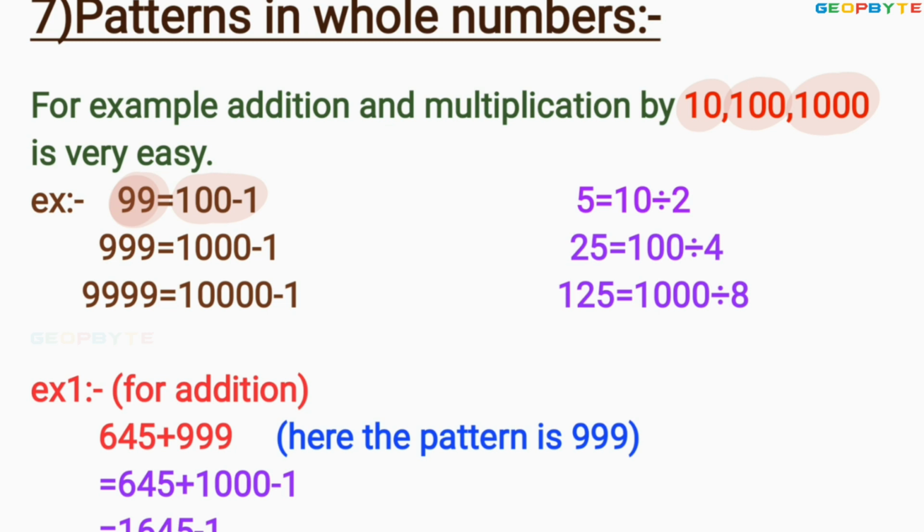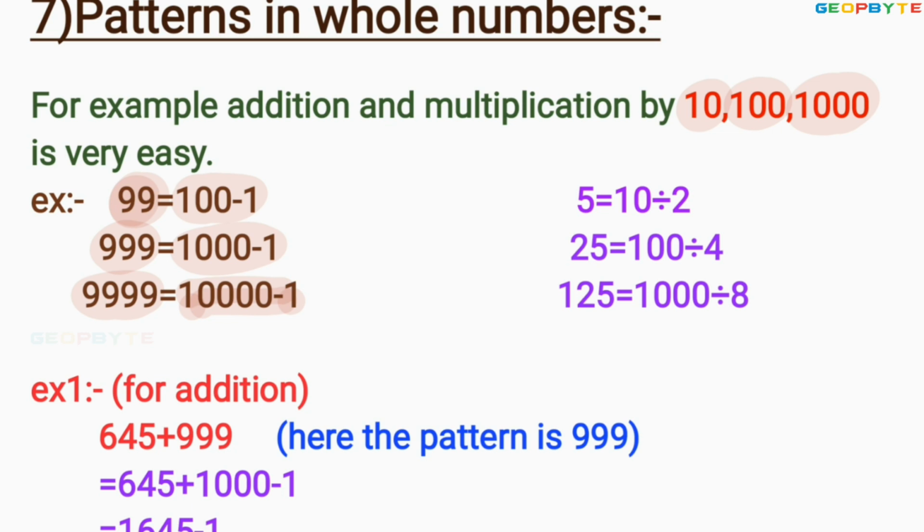Therefore, here 99 is your pattern. Similarly, 999 I can write as 1000 minus 1. Similarly, 9999 I can write as 10,000 minus 1.